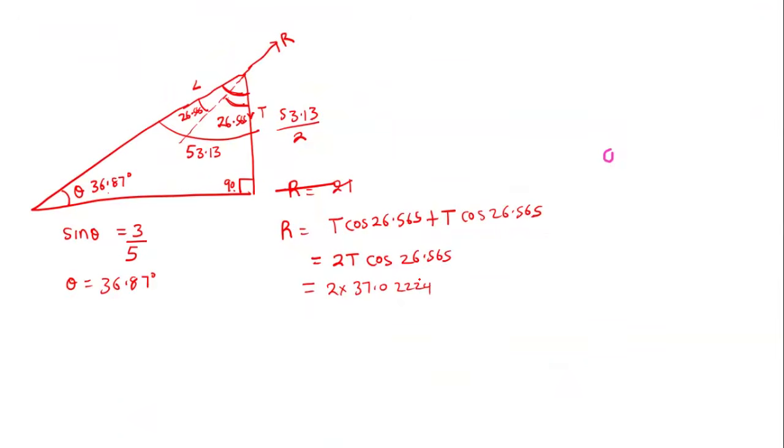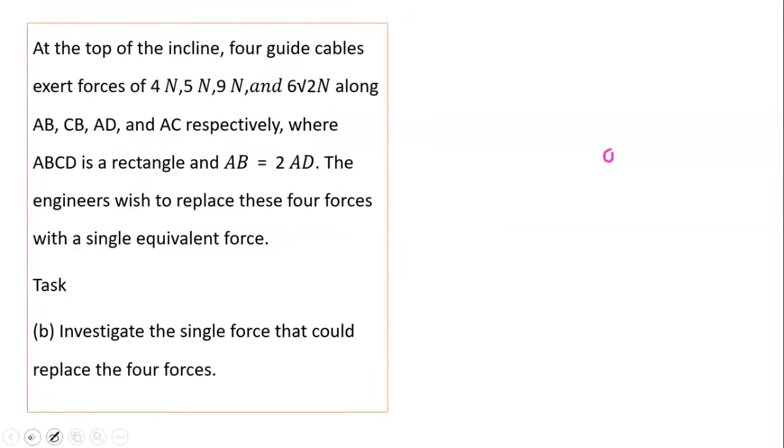And always here, since we are dealing in degrees, this is cos of 26.565. So I'm getting 66.2274. And what are the units? These are newtons. Okay. So that is how you work that particular part.